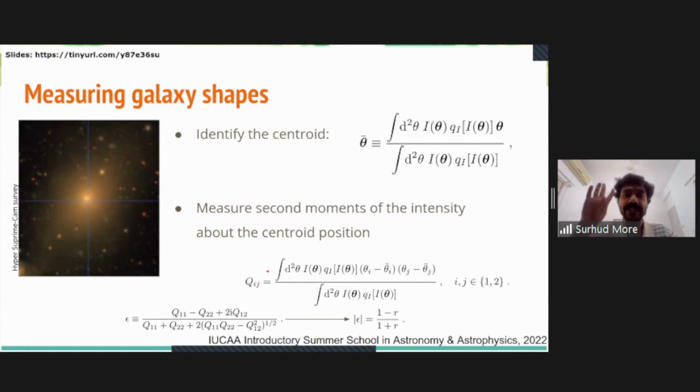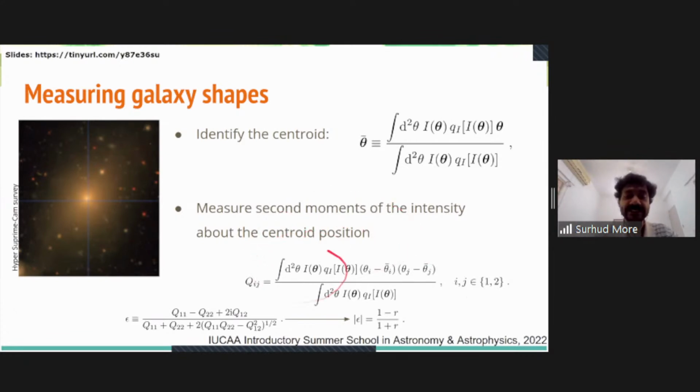So this second moment will have 4 components, because i might be 1 and j might be 1, or i 1 and j 2, i 2 and j 1, i 2 and j 2. So all these ij take all sorts of indices 1, 2, and so you get a 2 by 2 matrix again for the second moment measurements.